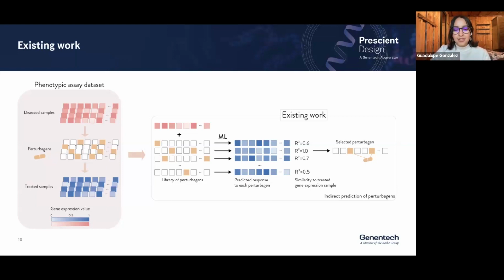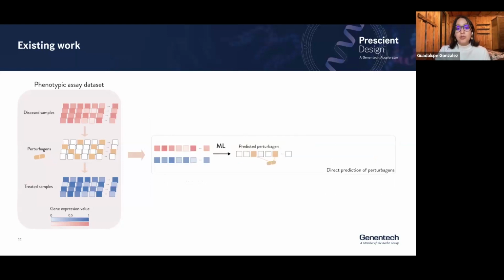So while we were discussing this problem, we wondered if it was possible to do this prediction directly instead of having to predict responses for all the perturbagens in a library. So the goal here would be to have a disease sample and a target treated sample whose state we want to achieve, and for a model to predict exactly what perturbagen is necessary for this transition.